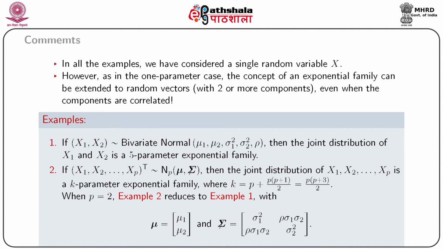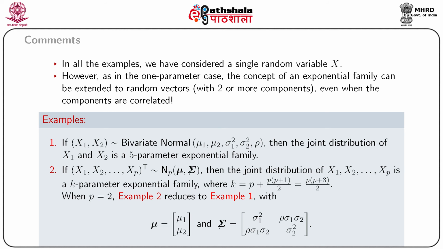Suppose the joint distribution of x1 and x2 is bivariate normal with 5 parameters mu1, mu2, sigma1 square, sigma2 square and rho. Then the joint PDF of x1 and x2 belongs to the 5-parameter exponential family.